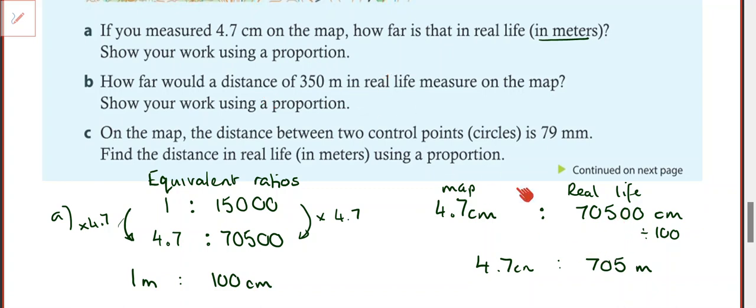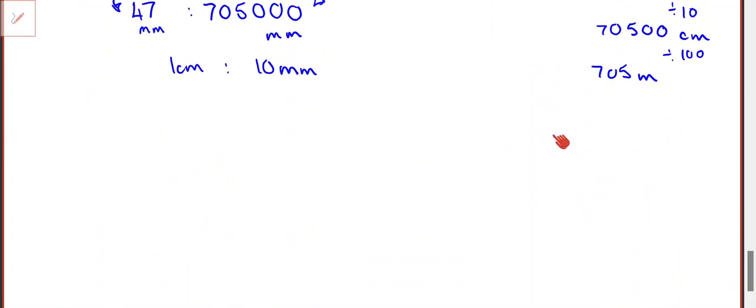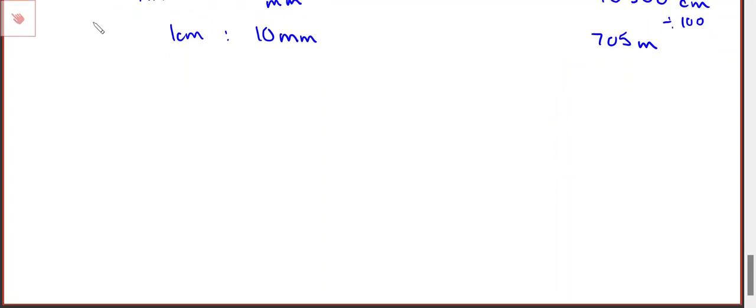So 350 meters in real life. So let me do it with you. So we've got map, real life. It tells me it's 350 meters.